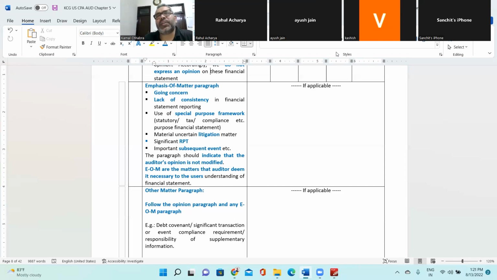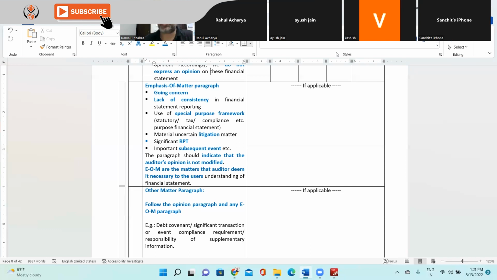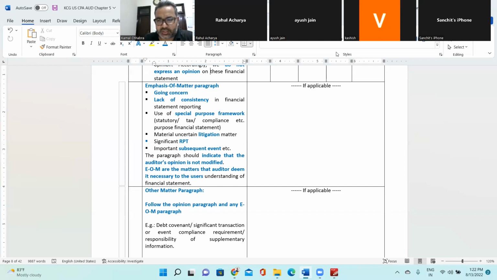For example, in the previous year, you might be using the FIFO method for inventory valuation. Now, in the current year, you have changed to weighted average. Both are allowed as per GAAP, but it has a material impact on the financial statement and the previous year's results are different from the current year because of the change in accounting policy. Like for example, when in 2018 we implemented ASC 606, right?